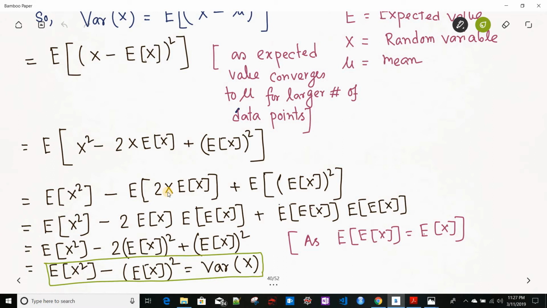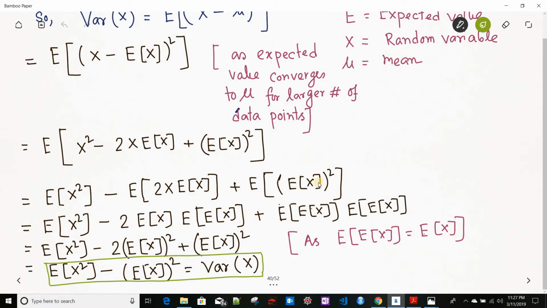For 2, it's a fixed number, not a random variable, so the expected value of 2 is always 2. That's why 2 can come out over here.